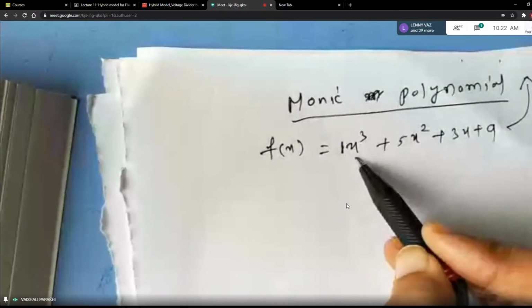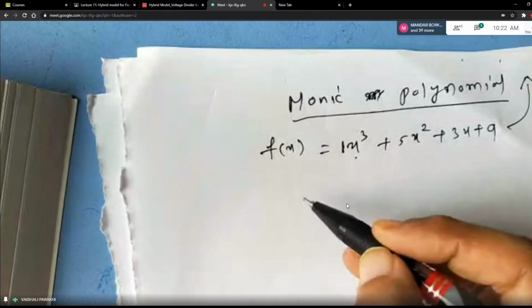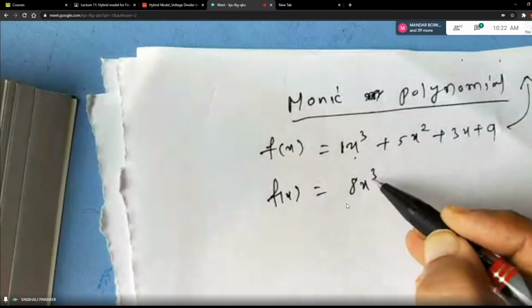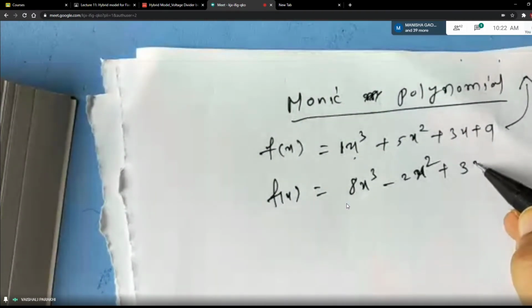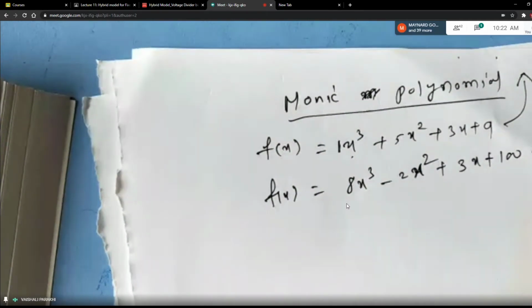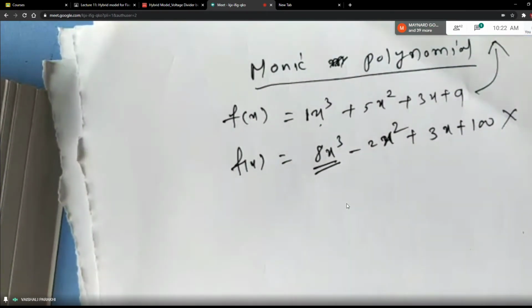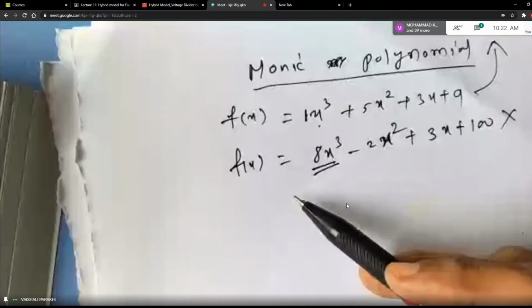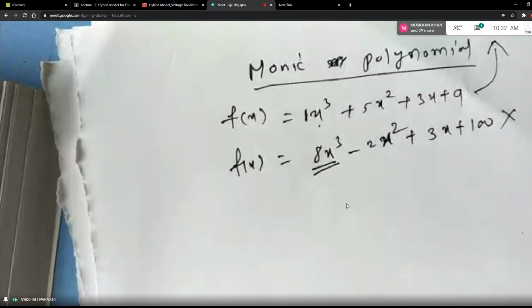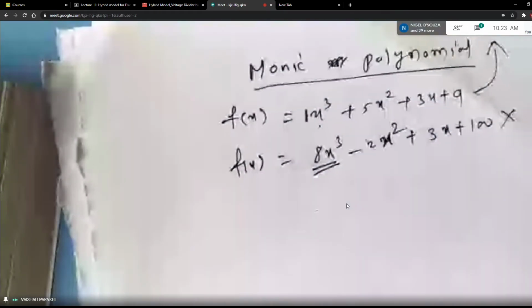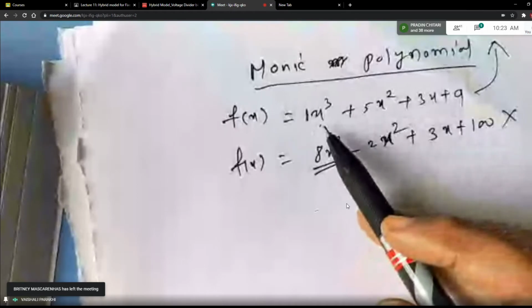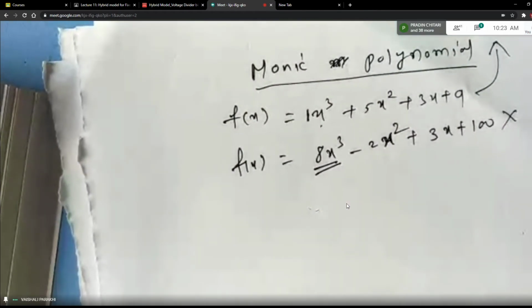But suppose I write f of x is equal to 8x cube plus 2x square plus 3x plus 100. This is not monic polynomial, because the coefficient of highest degree term is not 1 and it is a polynomial. Right hand side is not 0, so you cannot divide the whole thing by 8. If it is an equation, then only you can divide both sides by 8 and cancel the coefficient of x cube. You followed what I am saying? So monic polynomial is a polynomial in which the coefficient of highest degree term is 1.